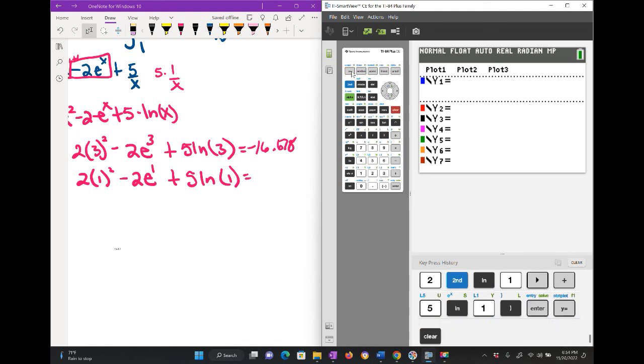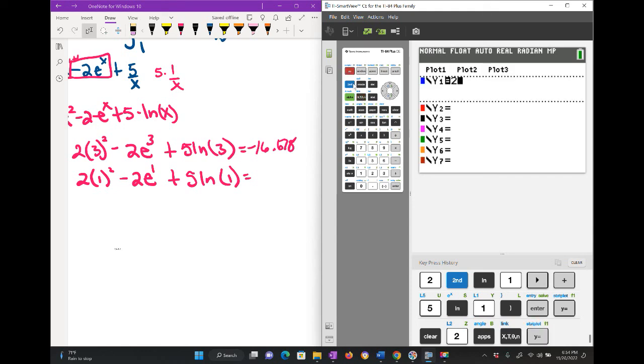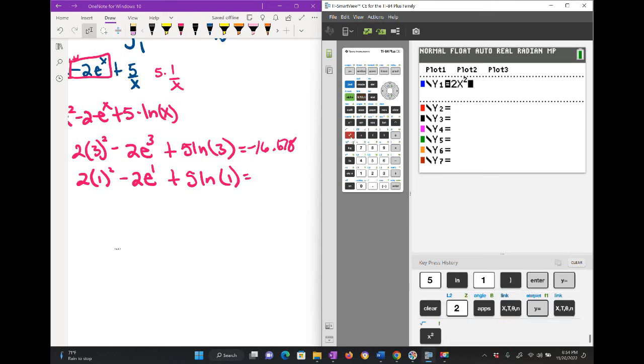So if I throw it in one time, just one time, where I had 2, this would be x. Nice. This would be 2x squared minus 2e to the x plus 5 natural log x.